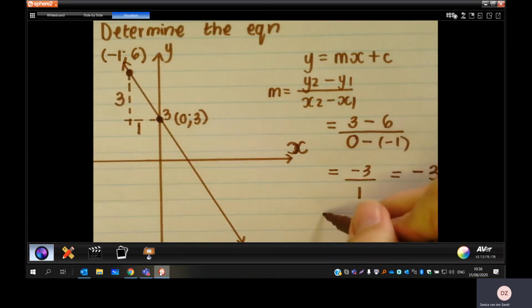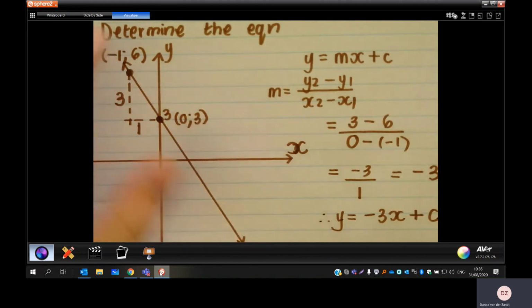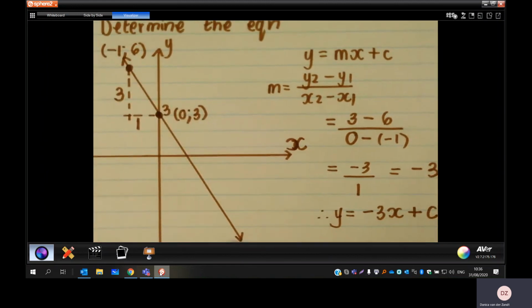So what I do now, therefore, I update my equation. y equals -3x plus c, and I can choose either point to find my c value. I'm going to use 0 and 3. 3 for y, equals -3 times 0. 0 times -3 is just 0.